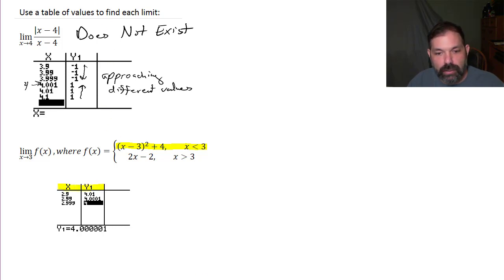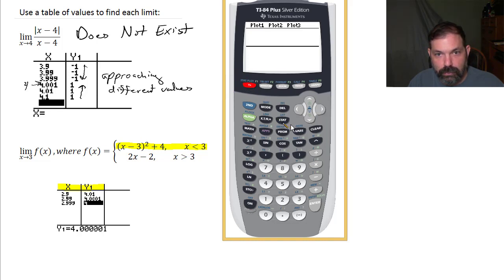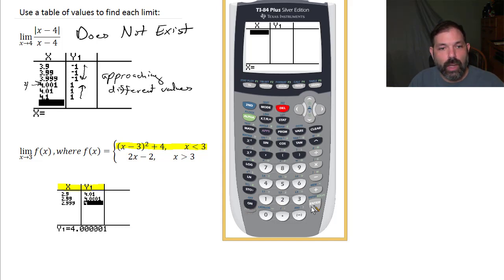Now let's consider the second piece. Now we have 2x minus 2, but this is only valid if x is greater than 3. So when we go to the table here, we've got to delete this stuff. And if x is greater than 3, we could use, say, 3.1, 3.01, 3.001.